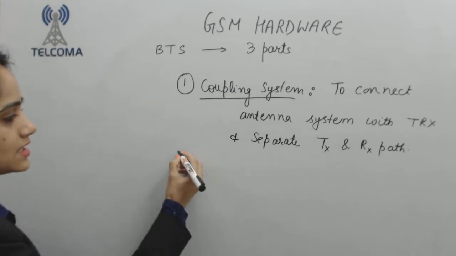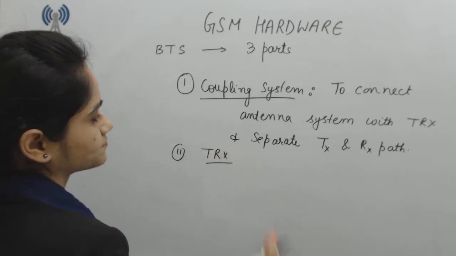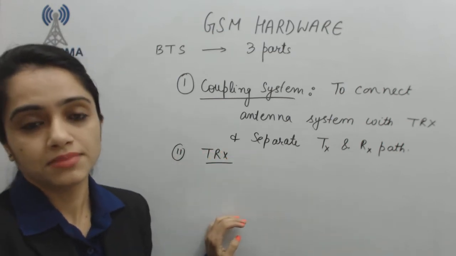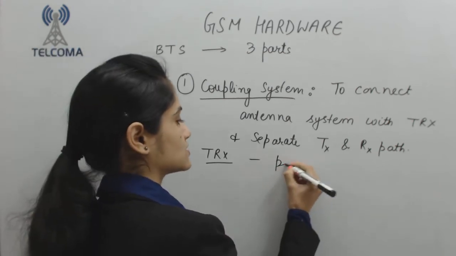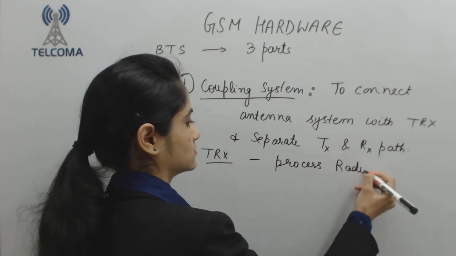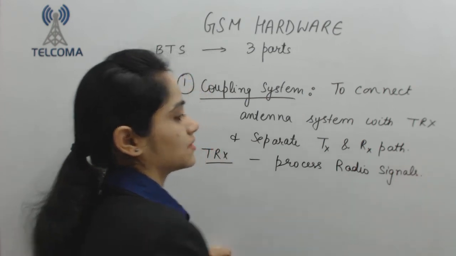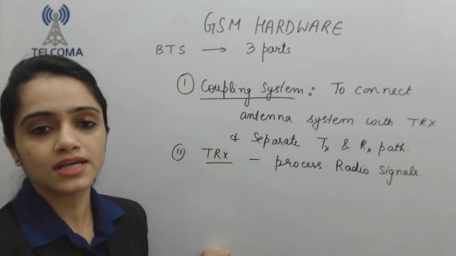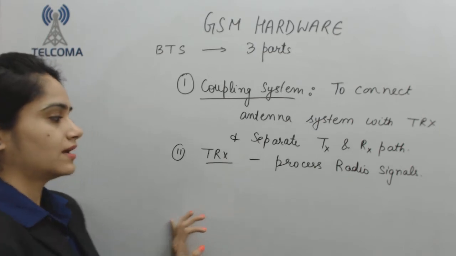Now we have a second part which is known as TRX. This part in the BTS is used to process radio signals. So all processing of radio signals is performed by a unit in the BTS, and that unit is the TRX unit.